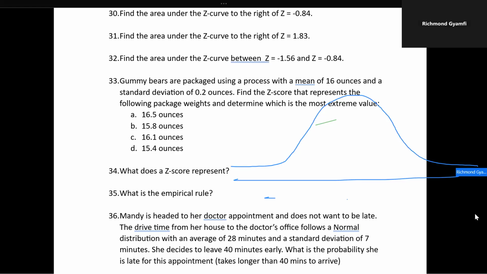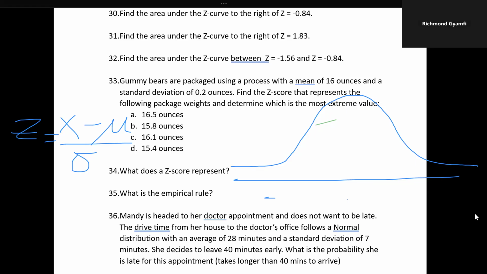Now, we have a normal distribution, but we can change it to a z, or standard normal distribution. Remember that formula? Z equals x minus the population mean divided by the population standard deviation. In this case, our mean is 28, our standard deviation is 7, and our x is going to be the 40.